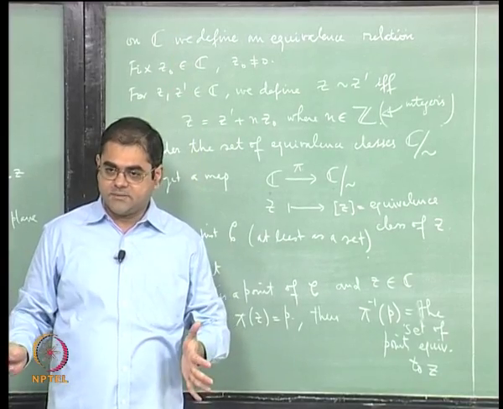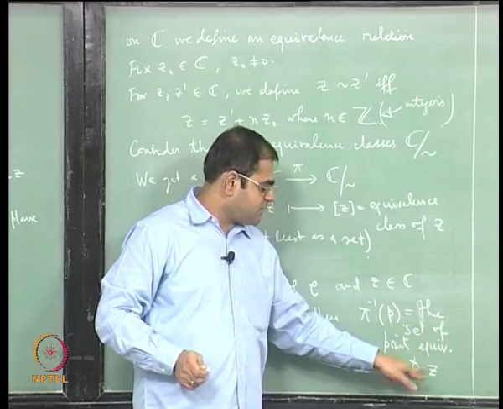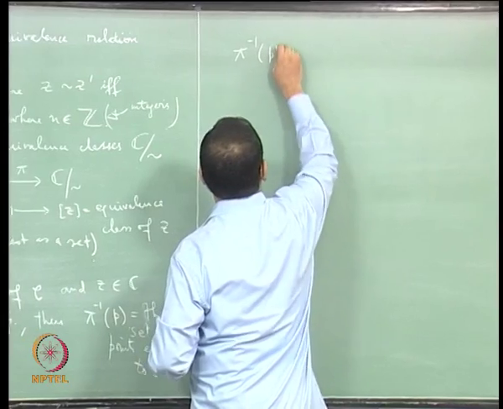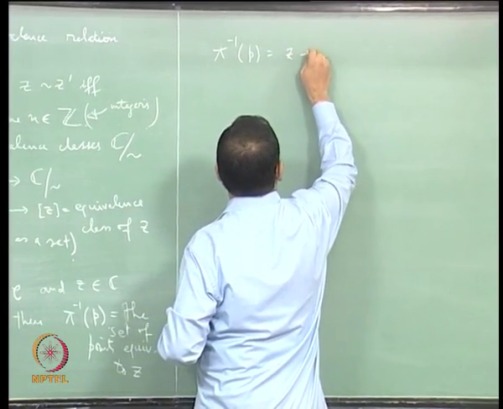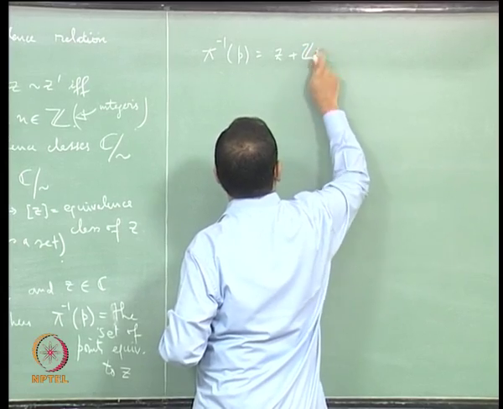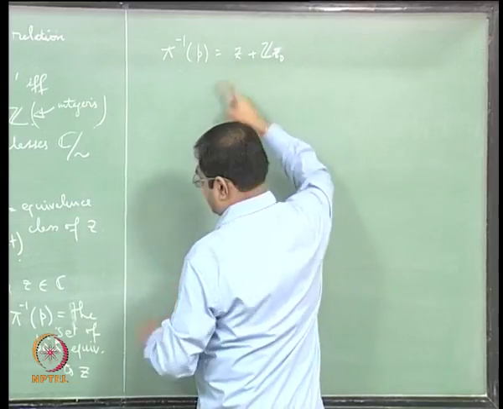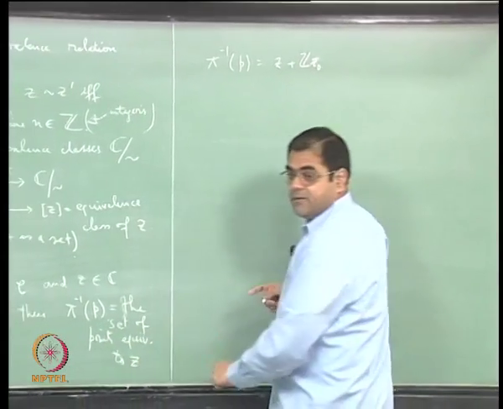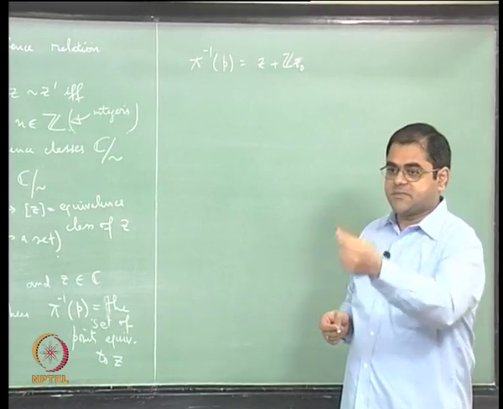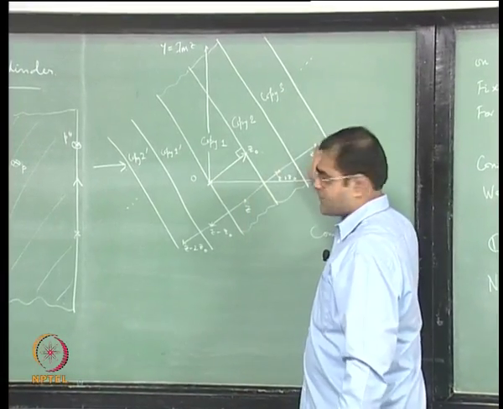So pi inverse of P will be the set of all those points that are equivalent to Z, and that is nothing but Z plus integer multiples of the point Z0, because the set of points equivalent to Z is all the translates by integer multiples of Z0, which is what I have drawn here. These are all the translates.